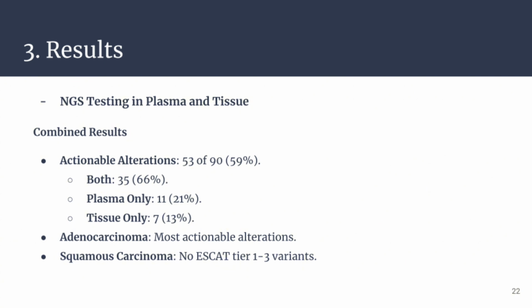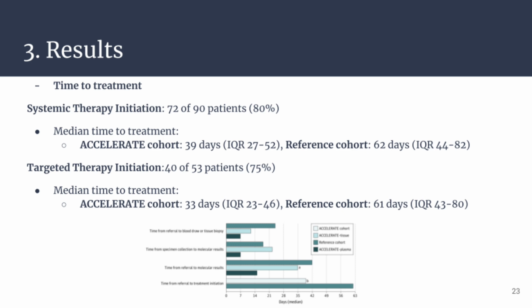Most of the actionable alterations were identified in adenocarcinoma cases, with no ESCAT Tier 1 to 3 variants detected in squamous carcinoma cases. Most patients started systemic therapy, with a median time to treatment of 39 days in the accelerated cohort, compared to 62 days in the reference cohort.